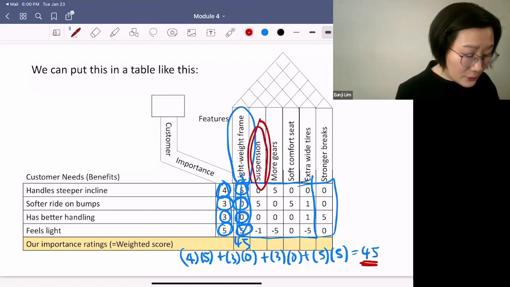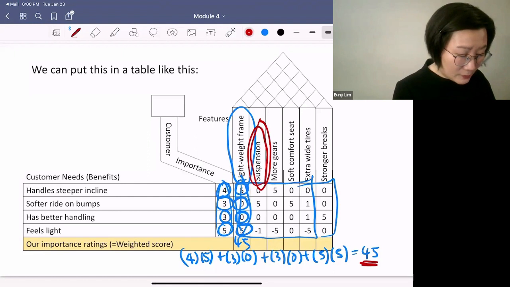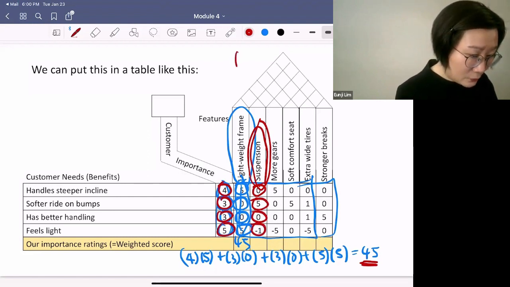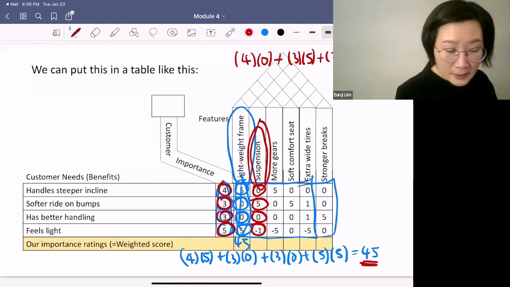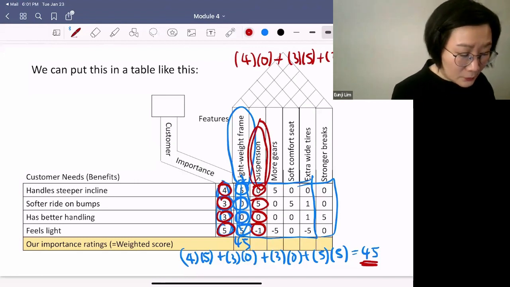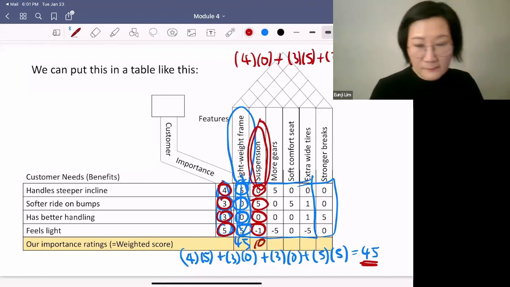Next, for suspension, we'll do the same thing. So it's 4 times 0, 3 times 5, 3 times 0, 5 times minus 1, which is 10. So that's the importance rating for suspension.